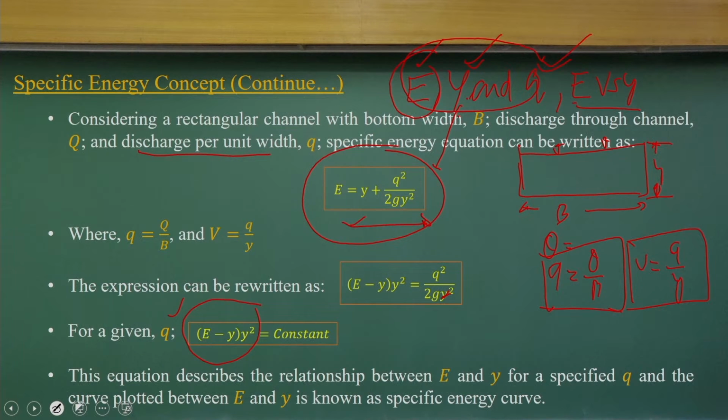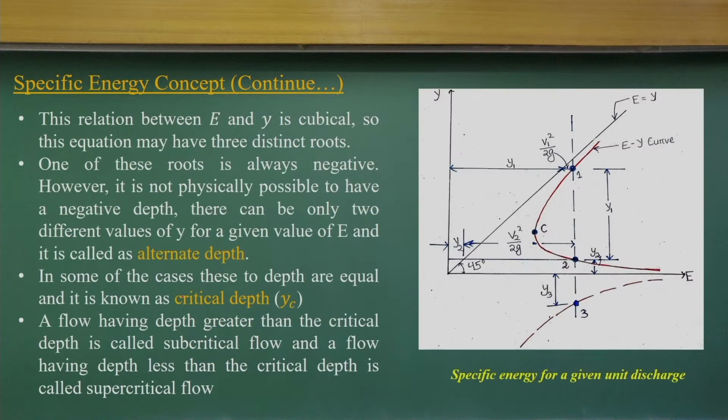That is the specific energy curve, which is discussed more in open channel flow. That is what is called the specific energy curve. Now, if you try to understand it, q is constant, so the discharge per unit width does not vary significantly.